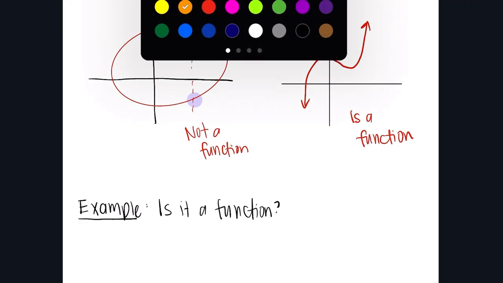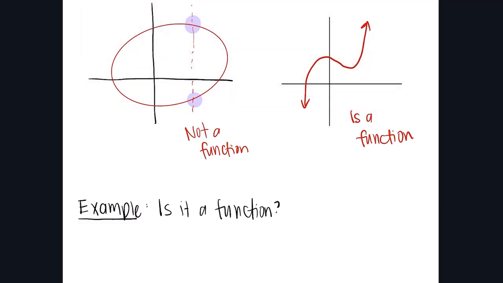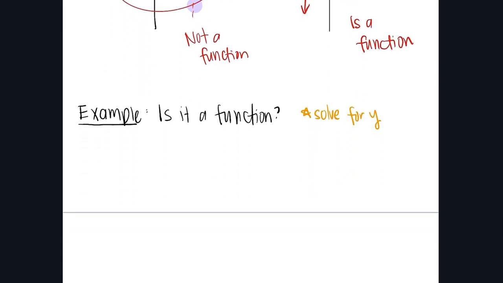So if I give you an equation, we're going to solve for y and see what happens. So for this first one, I'm going to say y minus x squared equals 2. So I want to get y by itself, and then we're going to see if we have more than one y value if I plug in a single x value. And we'll see quickly what that means.